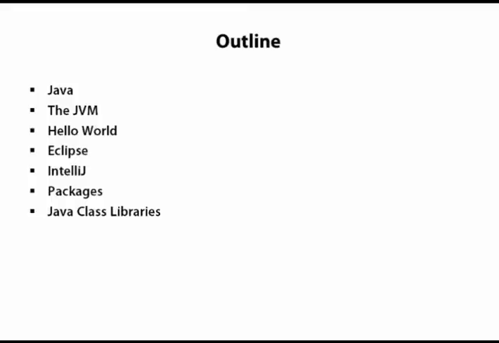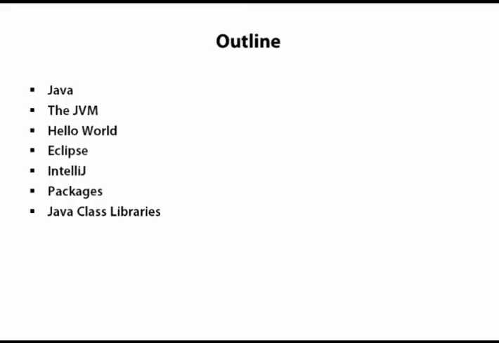A little bit of the background and history of Java. Then we're going to introduce a really important concept in Java, which is the JVM, the Java Virtual Machine. I'm going to talk a little bit about virtual machines in general and how they work so you can understand what's going on here, and then specifically what the JVM does and what benefit it gives you as a Java programmer.